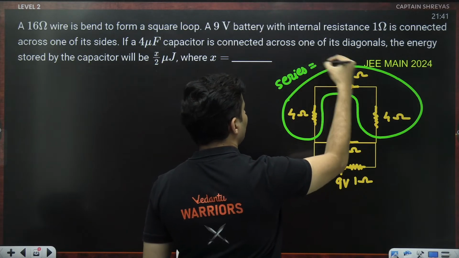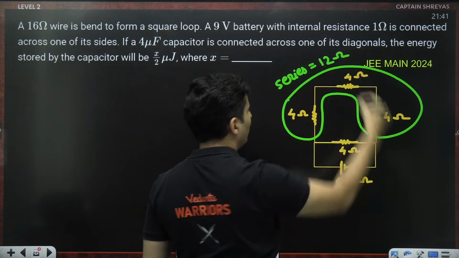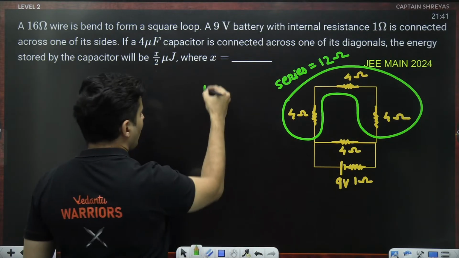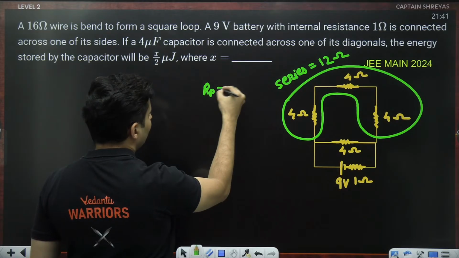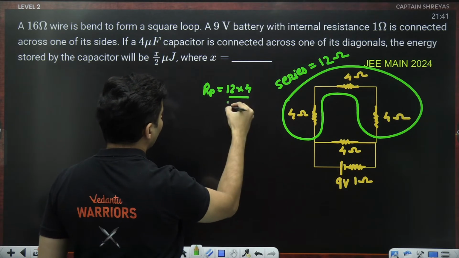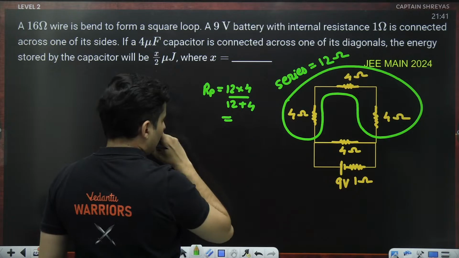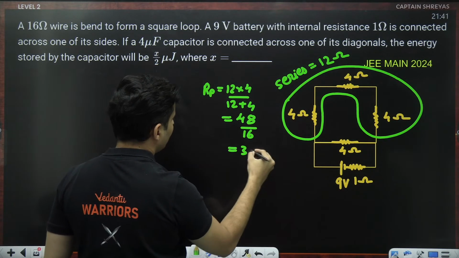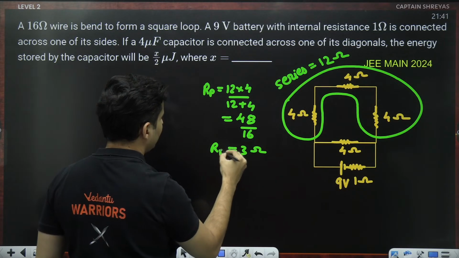Hence, this should be 4 plus 4 plus 4, which is 12 ohms. That is in parallel with this 4. So, RP, which is 12 into 4 by 12 plus 4, which is 48 by 16, which is basically 3 ohms. So, that's the parallel resistance.